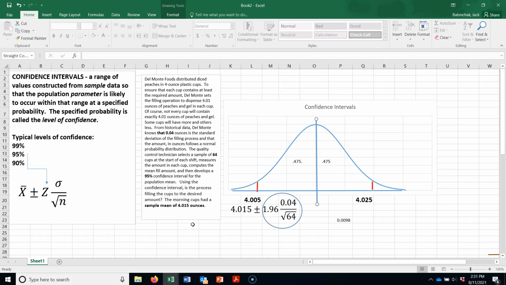The next video we do will be on if we don't know the population standard deviation, and we have to use the standard deviation from the actual sample that we get. And you could assume there's going to be a little more error involved in there. But it's the same idea. We're still constructing an interval and still trying to make inferences about the population.